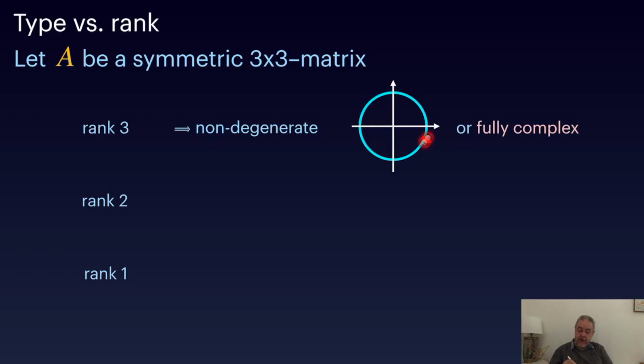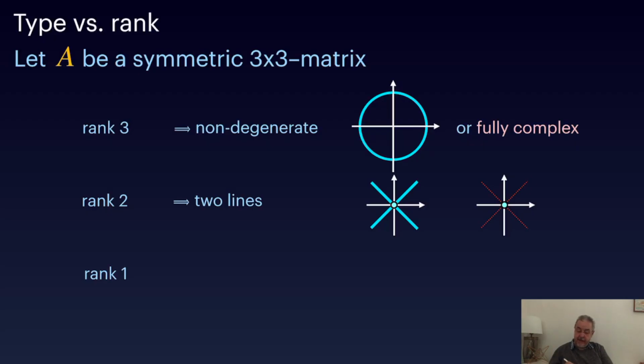So either you are in the case where you have the real non-degenerate conic, or all solutions are non-degenerate and fully complex. In the case that you have a rank 2 matrix, we just saw that it decomposes in two lines, though these two lines can either be real or they may be complex.